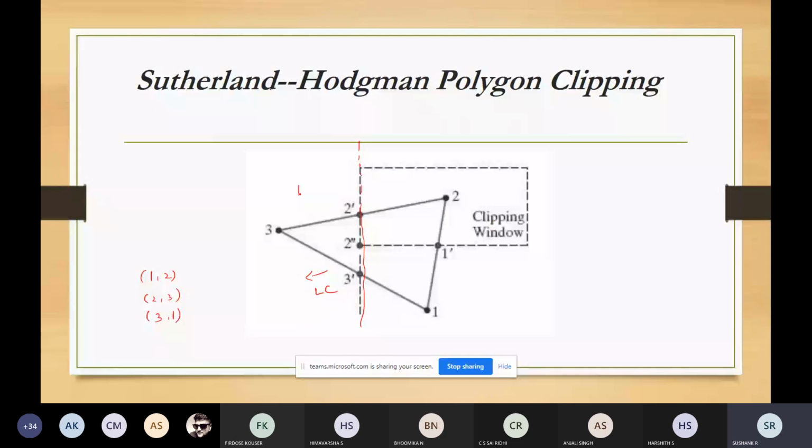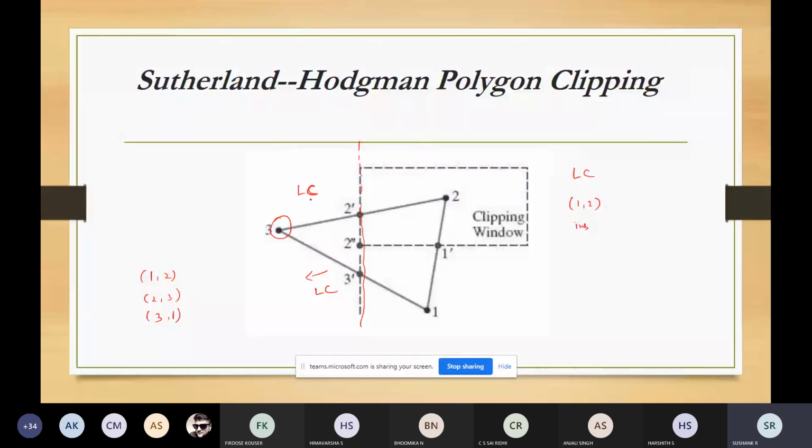Vertex 3 is in the area of left clipper, so it is outside, but vertices 1 and 2 are inside the clipping window.